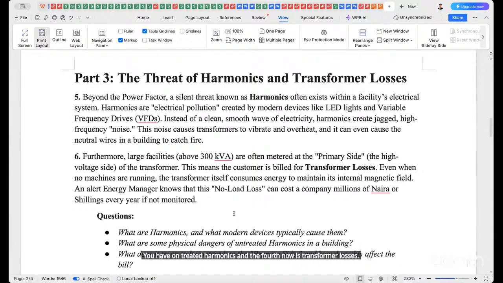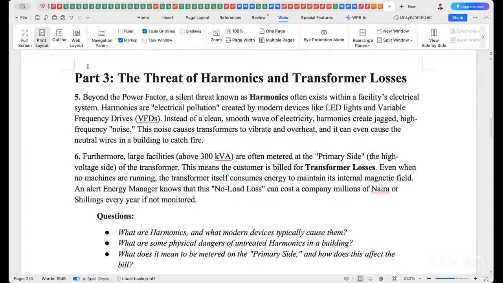Now, what does it mean to be metered on the primary side, and how does this affect the billing? Yes, let's get hands. When you are metered at the primary side, what does it mean? And how would this affect the billing? It's a question. Primary side metering. What does it mean?